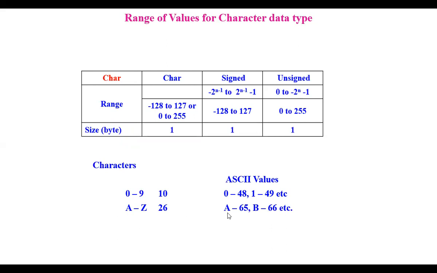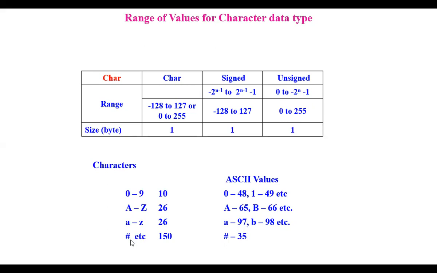Capital A is given the ASCII value 65, B is 66, C is 67, like that. Small letters a to z are again 26 in number, and small a is 97, b is 98, c is 99.